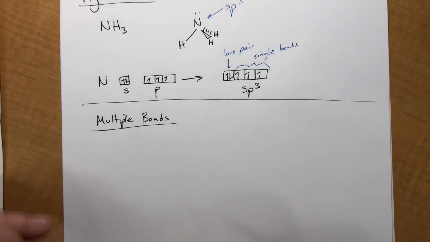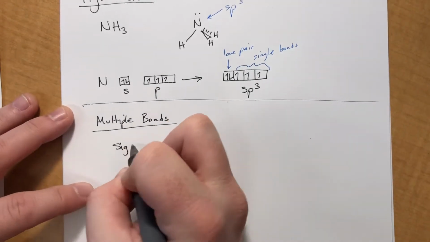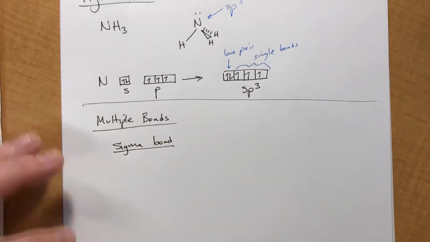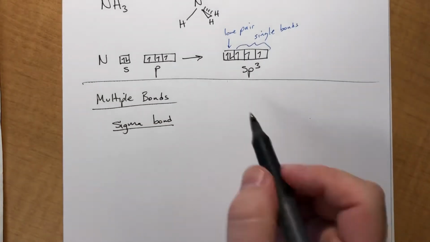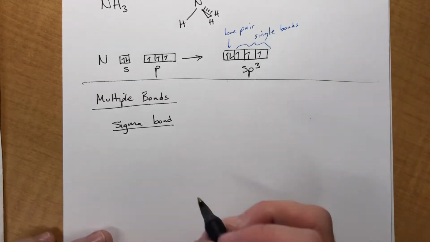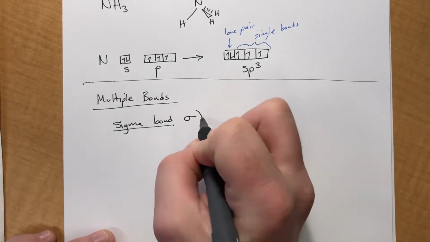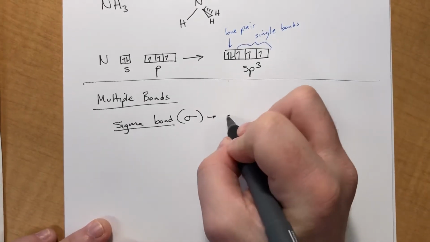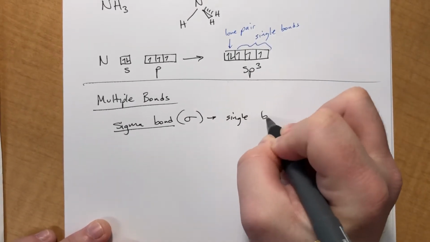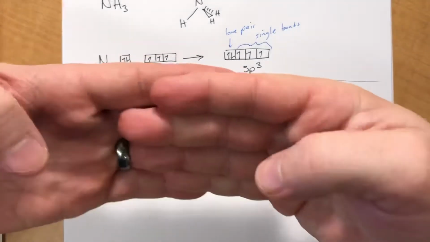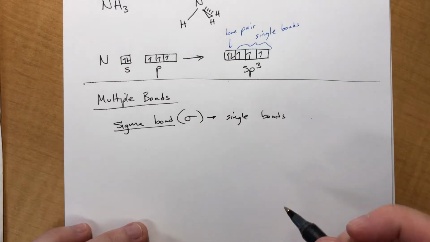So we need to define something called a sigma bond. Any of you in sororities or fraternities probably know that big capital, almost an E looking thing. This is a lowercase sigma, so it looks like this. Okay. These are single bonds, and they overlap end to end, and they're usually made of hybrid orbitals.